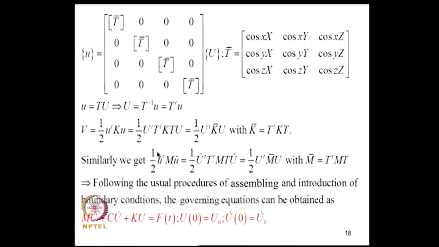Similarly, if we consider kinetic energy, we can show that the mass matrix in the global coordinate system is T transpose M T. Now, following the usual procedure for assembling and introduction of boundary conditions, the governing equation for the built up system can be obtained as shown here. This is how it will result.